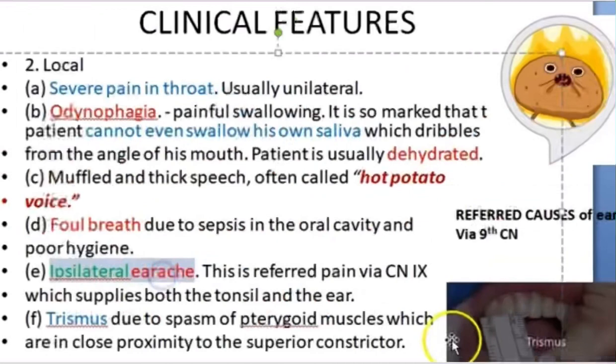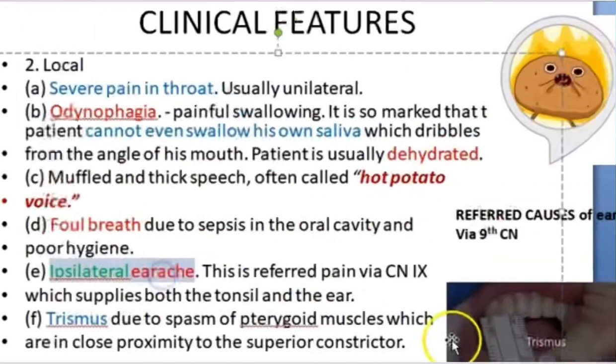Ipsilateral ear ache. If the right side has the peritonsillar abscess, then the same ear, the right ear only, the person is going to have the pain. If the left side of the throat has a peritonsillar abscess, the left ear is going to ache. So there is ipsilateral ear ache.